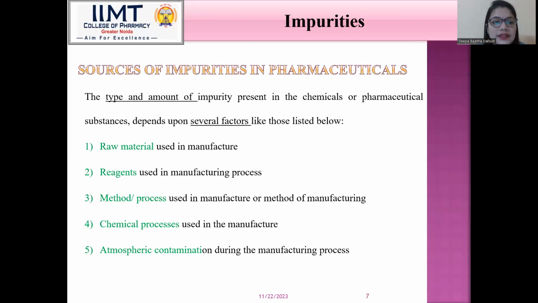Second is reagents used for washing the pharmaceutical product in the manufacturing process. Third is the method, which type of method or process is used for manufacturing any pharmaceutical product. Fourth is the chemical process involved in the manufacture of the pharmaceuticals, and fifth is atmospheric contamination during the manufacturing process.